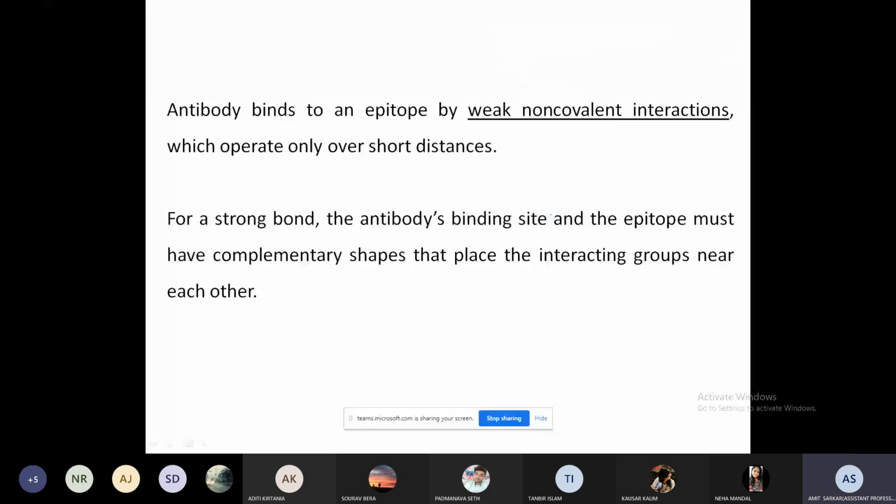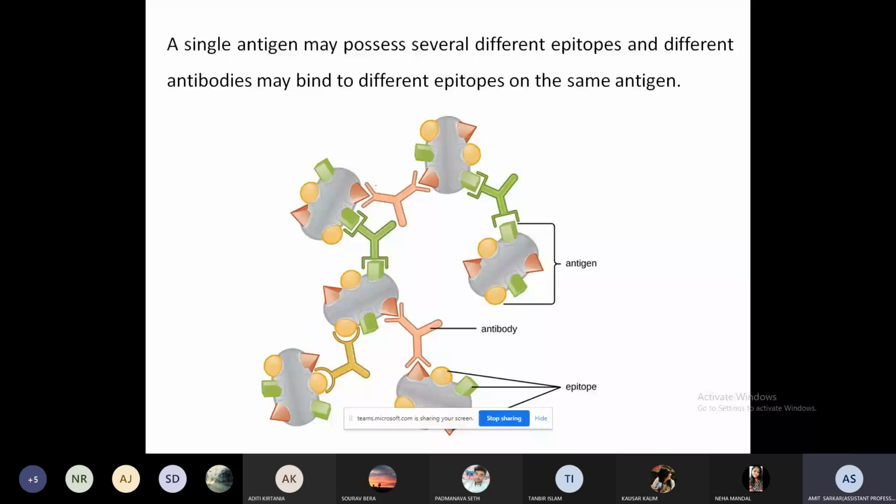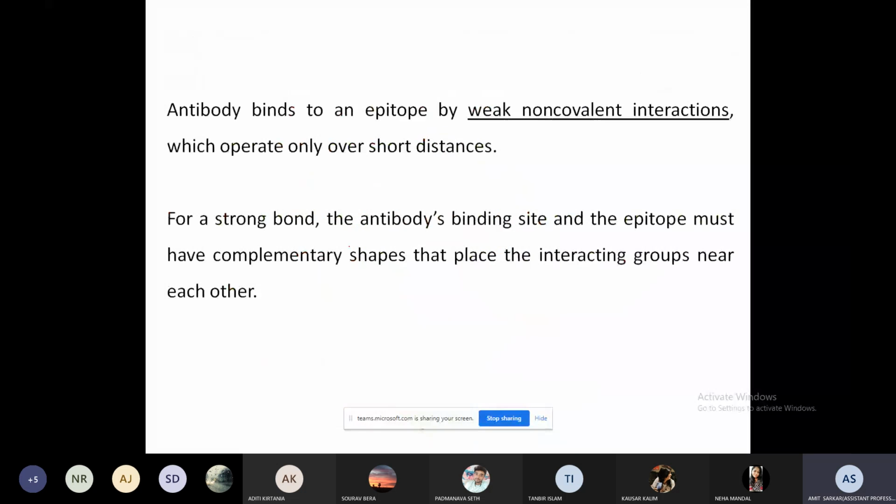For a strong bond, the antibody's binding site and epitope must have complementary shapes that place the interacting groups near each other. Now, as the bond is weak in nature, how will they maintain a strong interaction between them? That's why complementarity, complementary shape, comes in.